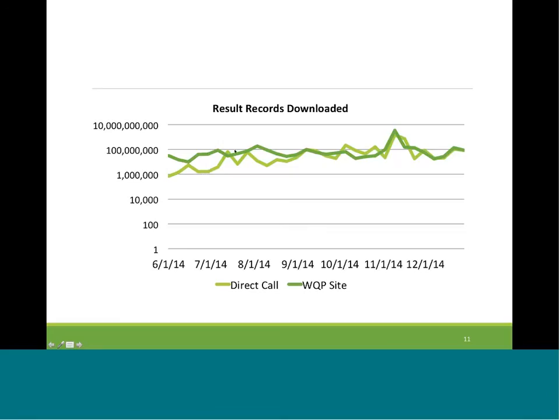But as use of different clients has really grown, now we're getting over 100 million rows a week regularly, both from the portal page and from the services. And this is leading to over 600 million records downloaded per month from the portal.